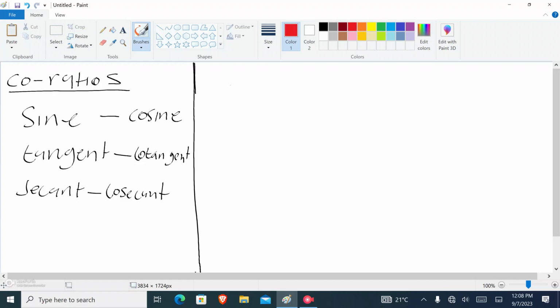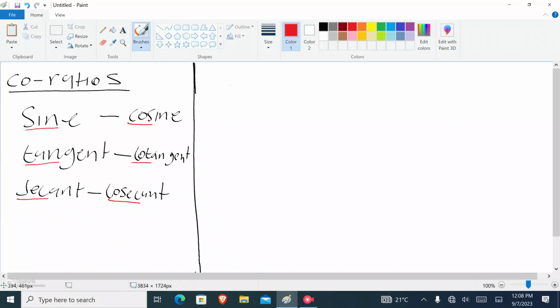So look at this. For sine, the co-ratio is what? It is actually cos. For tan, the co-ratio is what? Cot. And then for sec, the co-ratio is what? Cosec. So guys, do not confuse the co-ratios with the inverses or the reciprocals.